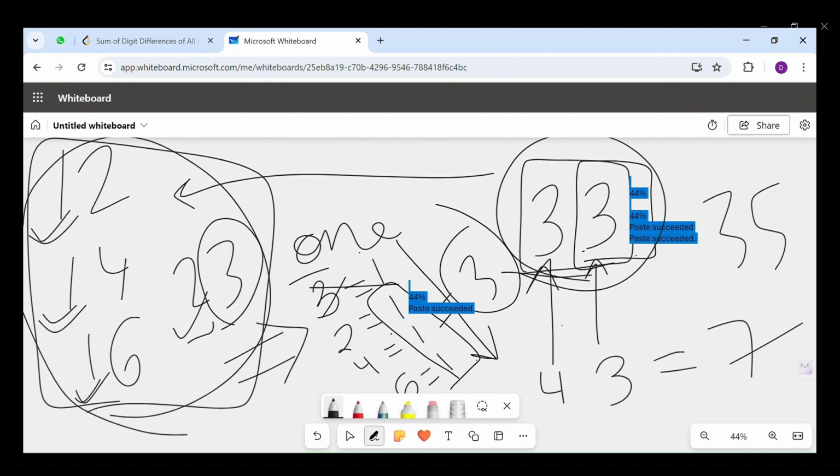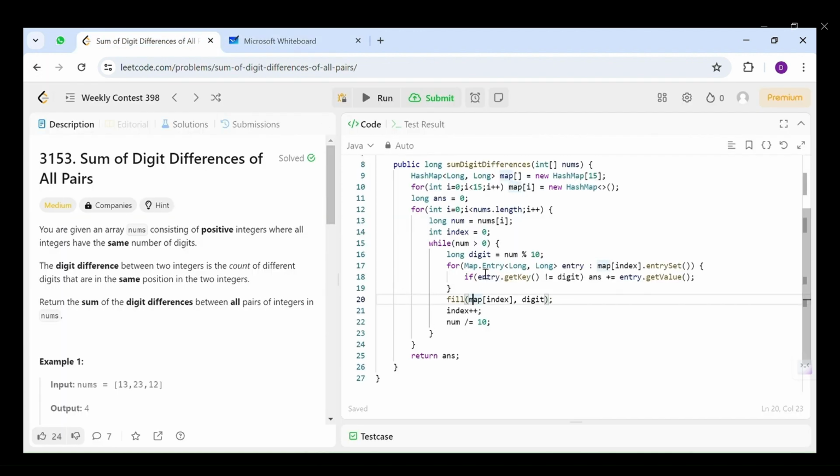So after I calculate the digit difference of 33, I will have to enter 33 as well inside the map. So I fill the 0th index of map with my ones place, first index of map with my tens place. So basically in my ones map I will enter 3, in my tens map I will enter 3. Similarly for all the digits I will enter whatever number is there in that position.